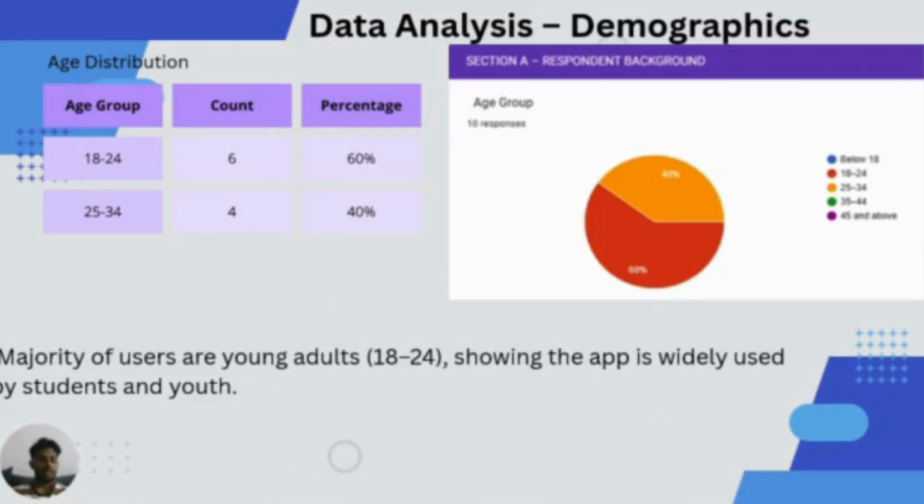In the demographic data analysis, for age distribution, the age group 18 until 24 has a count of 6, which is 60%, and the age group 25 until 34 has a count of 4, which is 40%. So the majority of users are young adults aged 18 until 24, showing the app is widely used by students and youth.